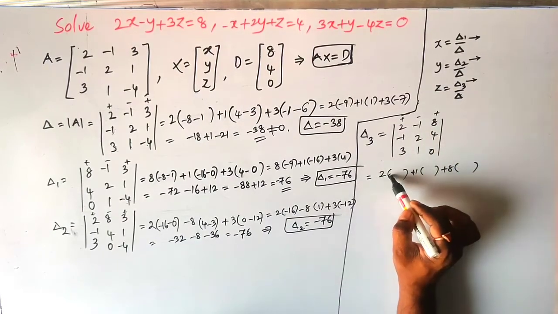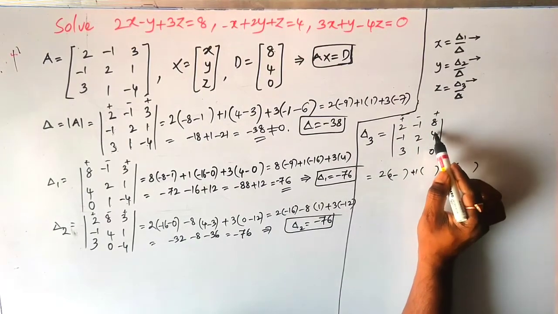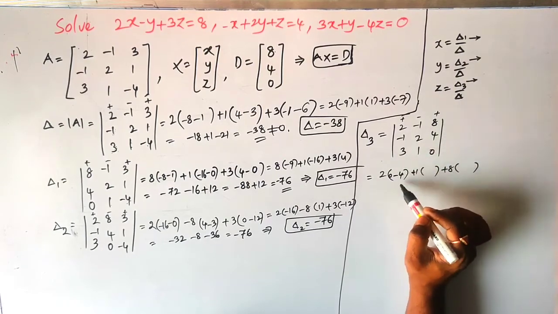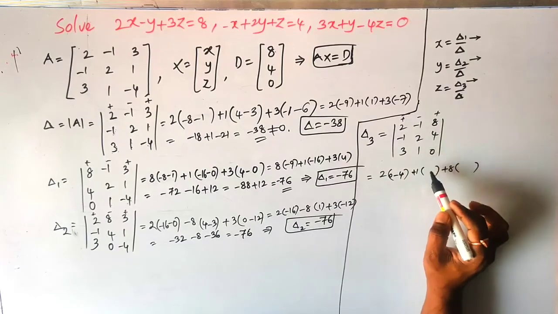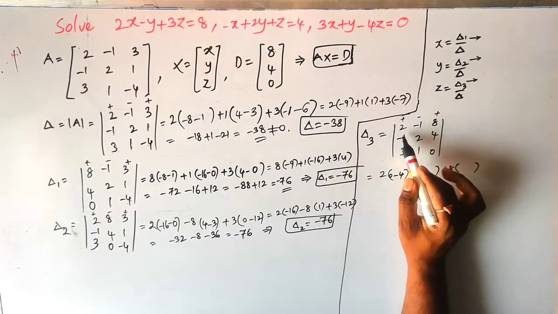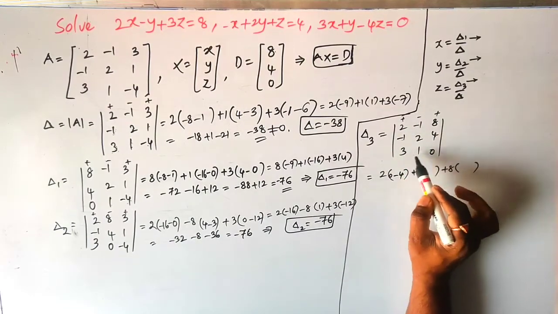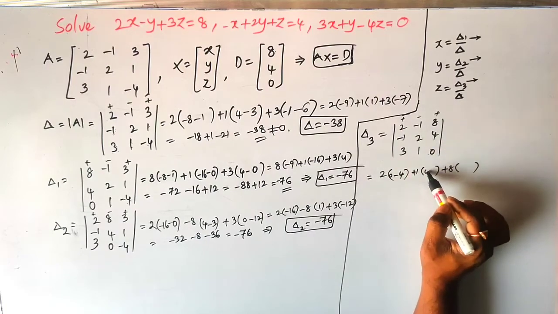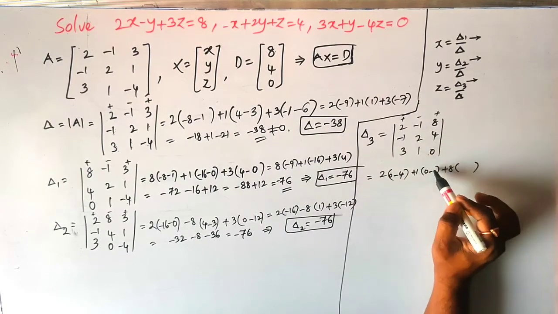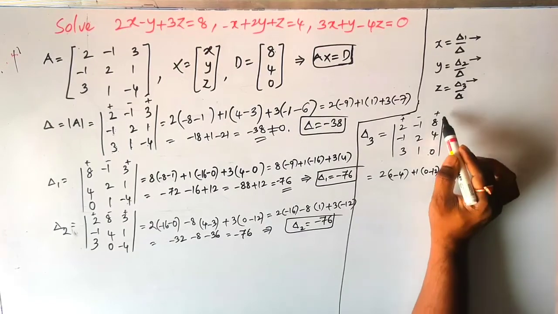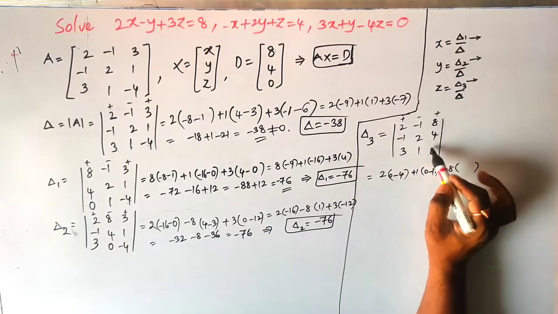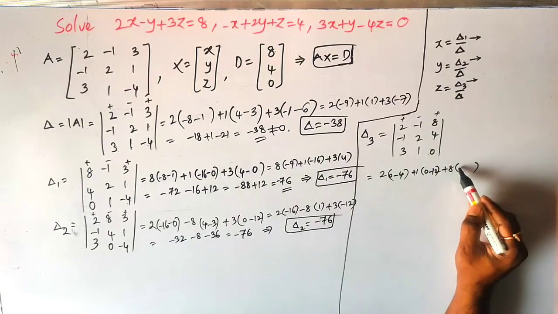2 into 0, 0. Minus BC, minus 4 into 1, 4. So plus 1 is in first row, second column, except that row and that column. We get here minus 1, 4, 3, 0. So minus 1 into 0, 0. Minus 4 into 3, 12. Next, plus 8 is in first row, third column. Minus 1 into 1.